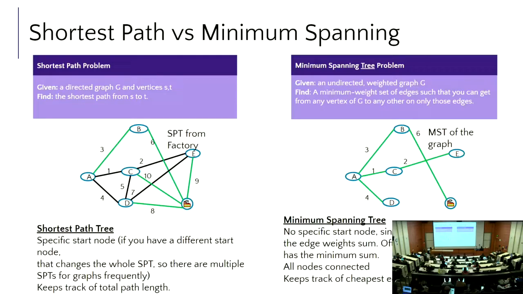So shortest path from source to target, repeated across all the vertices; minimum spanning tree, minimum summation weight of edges that connect all of the vertices. Everybody's got to be able to connect to the electrical grid.